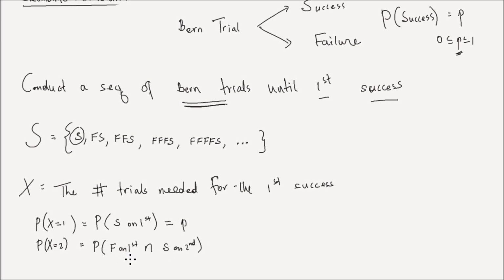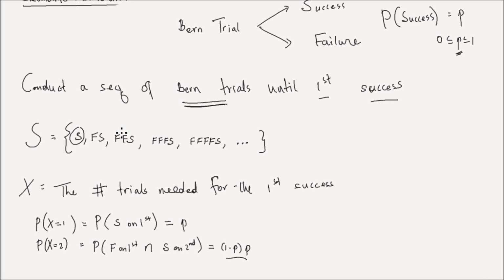Since the trials are independent, the probability of the intersection is equal to the product of the probabilities of each of those events. So the probability of failure on the first is 1 minus P, and the probability of success on the second is P. Therefore, P of X equals 2 is P times 1 minus P.